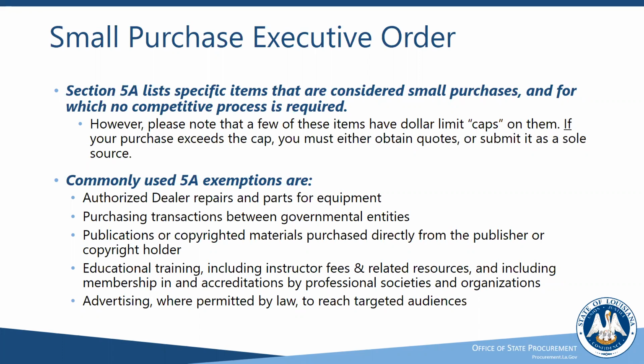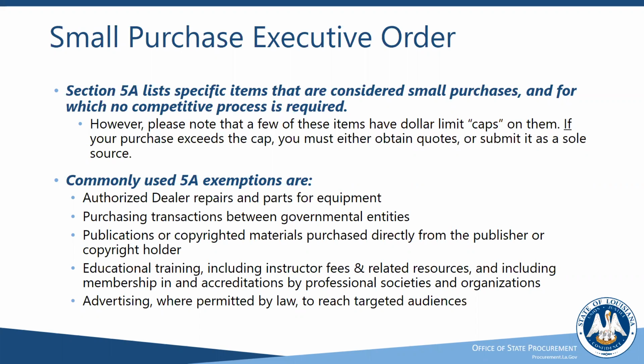So if a PO is entered for a $13,000 authorized dealer repair for a large piece of equipment, just for example, the PO is still going to build approvals to OSP if the agency's DPA is only $10,000.